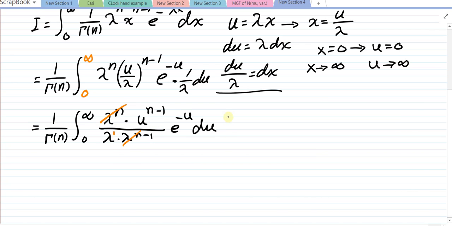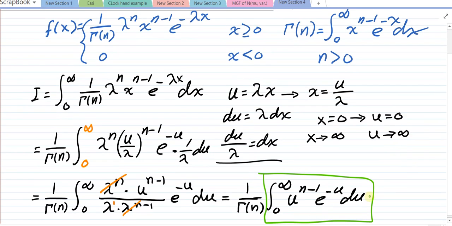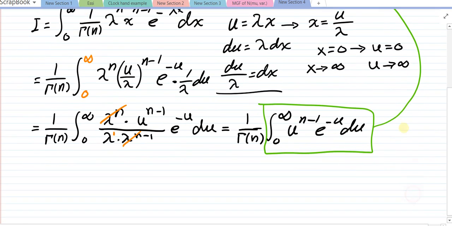And when they do, I'm going to get 1 over gamma n, and then the integral from 0 to infinity of u to the n minus 1 e to negative u du. Now, this expression is indeed the gamma function that we defined. If you look back here, that was our gamma function. So I'm just going to replace that with gamma n.